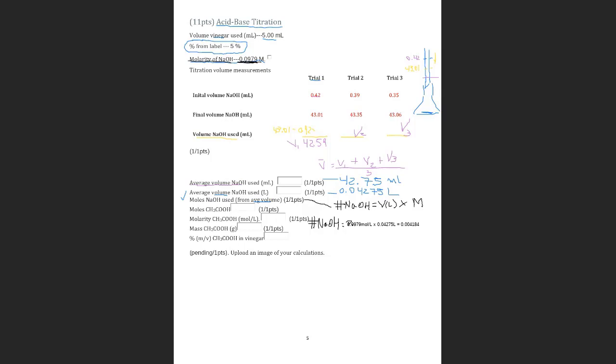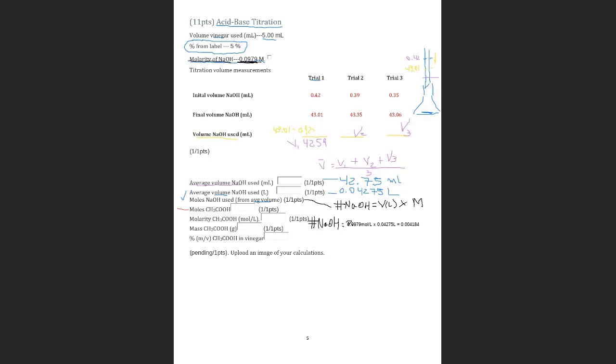And once we have that, we have the volumes. They are asking you in here, what are the moles of acetic acid? How many moles of acetic acid?